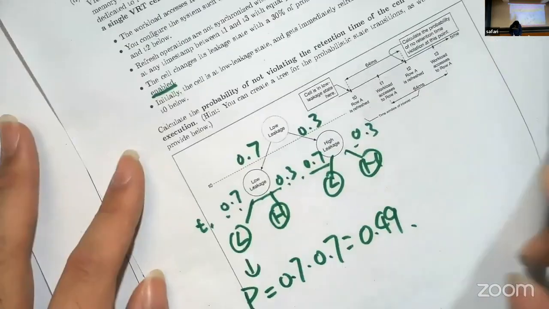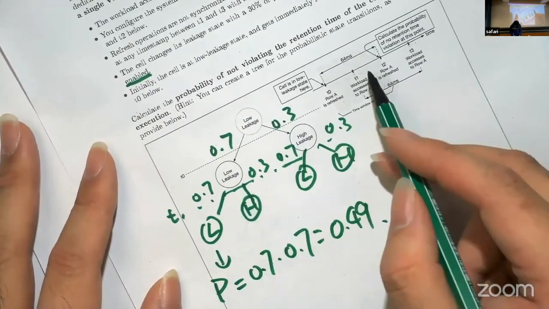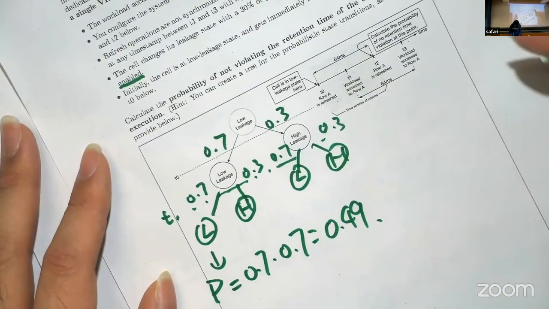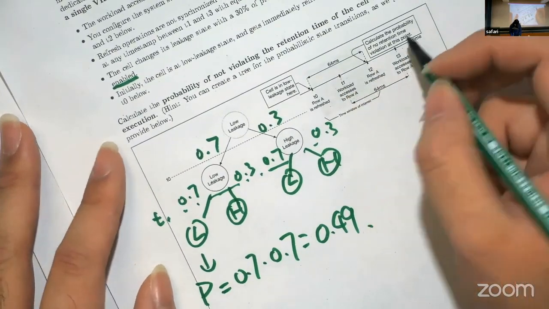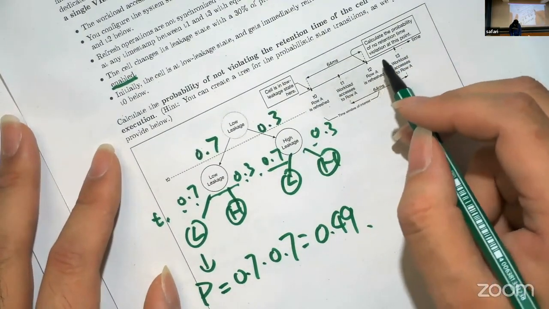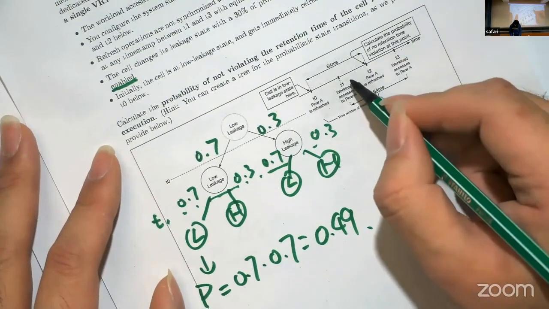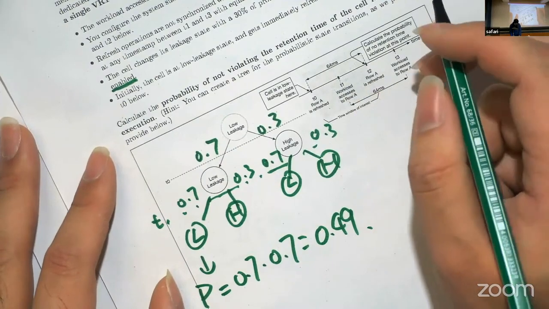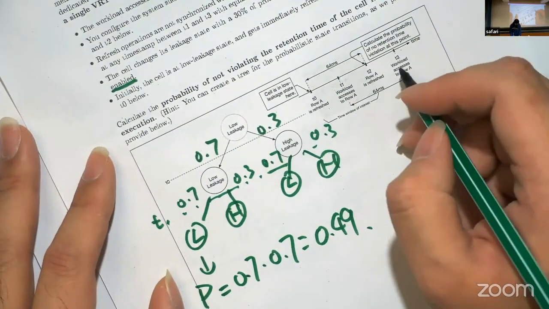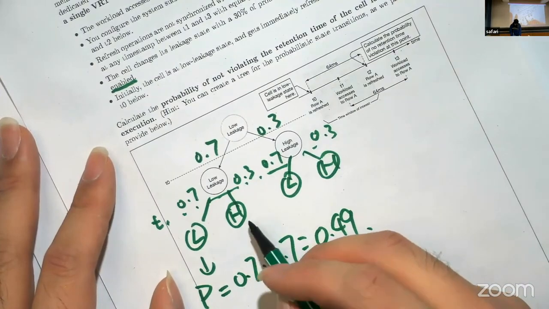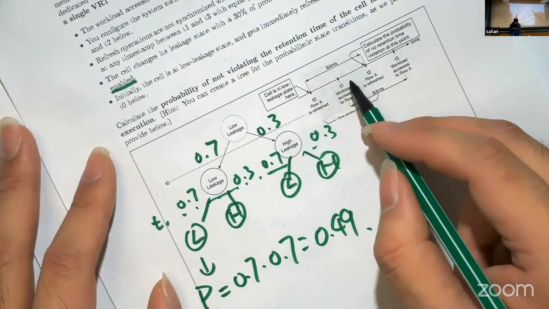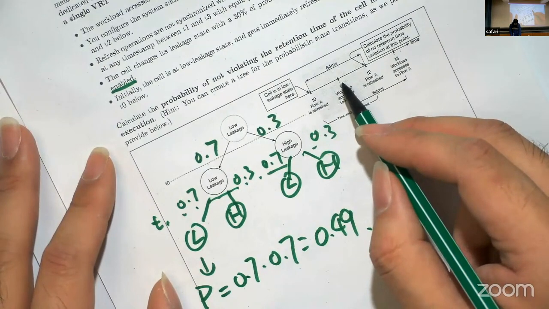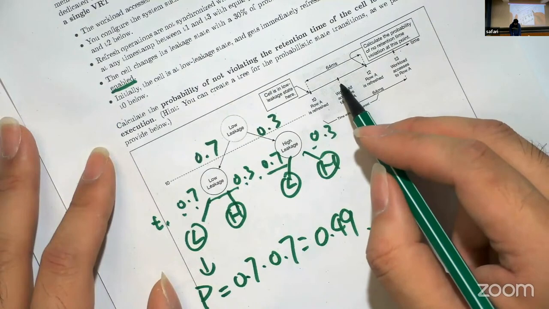Since after T1 the cell is in a high leakage state, if we would like no retention failure to happen at T2, then the interval between T1 and T2 should be less than 16 milliseconds, because in the high leakage state the cell can only retain data for 16 milliseconds.